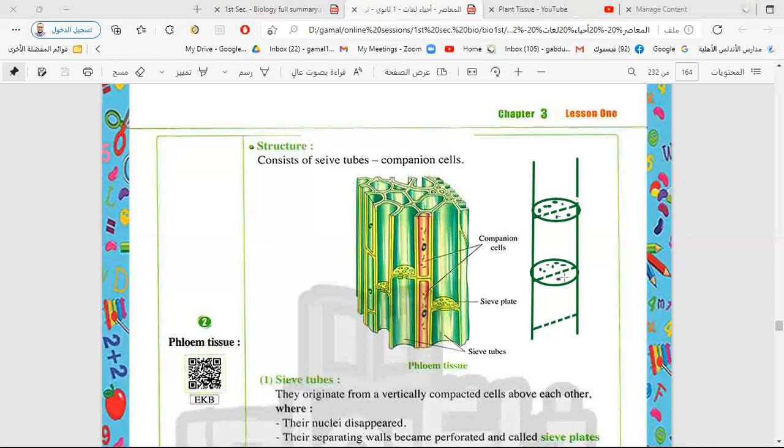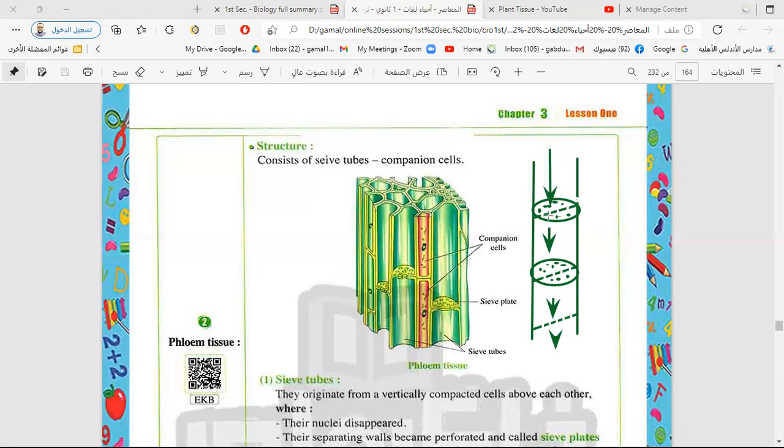So there are many holes here, through which the cytoplasm can travel from one cell to another. The cytoplasm stream travels from one cell to another like this, from the leaves to all parts of the plant.